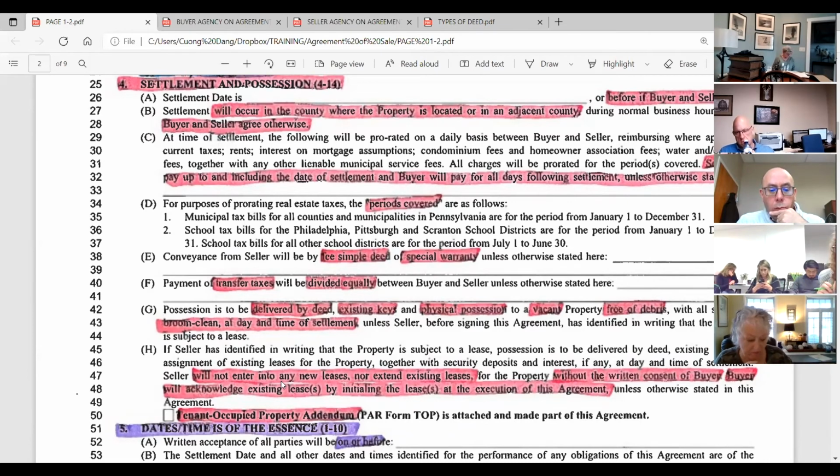Now, the next part is pretty important. Seller will not enter into any new leases nor extend existing leases for the property. So if you represent a seller and they want to extend the lease while the property's under contract, they can't do that without consent from the buyer.